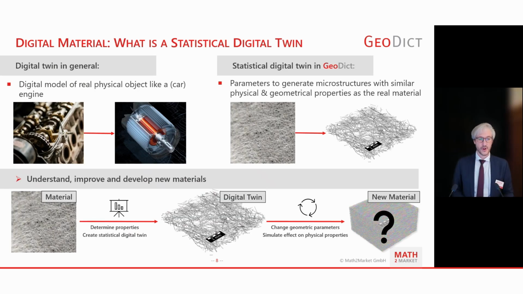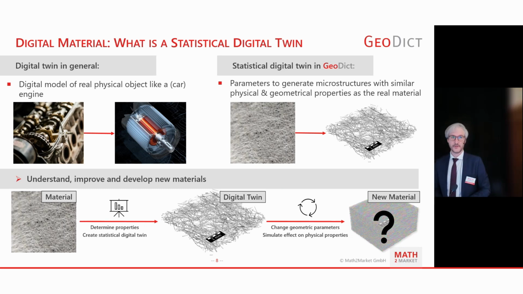So what is actually a statistical digital twin? We often use that word, but maybe it's still hard to grasp what we mean by this. There are a lot of definitions for digital twins, and they can be many different things, depending on what you mean. You could have a digital twin of a real physical object that is also updated with live data.